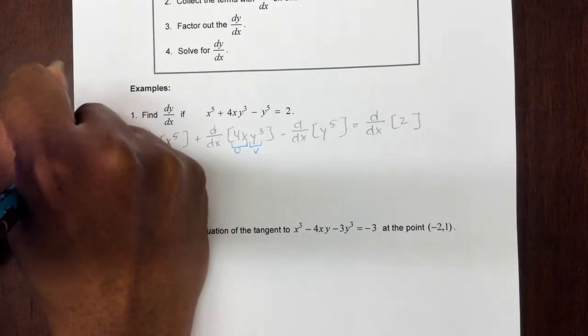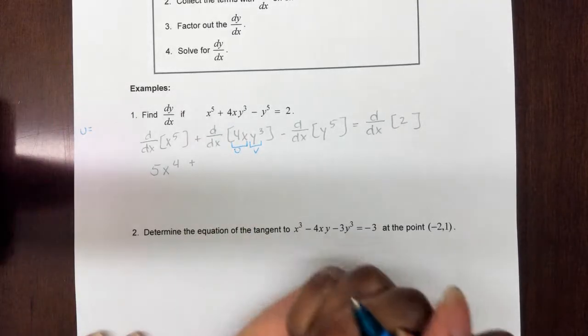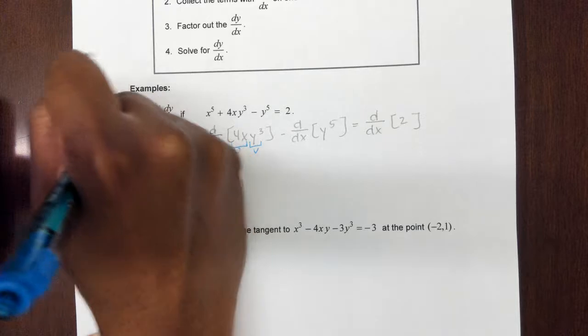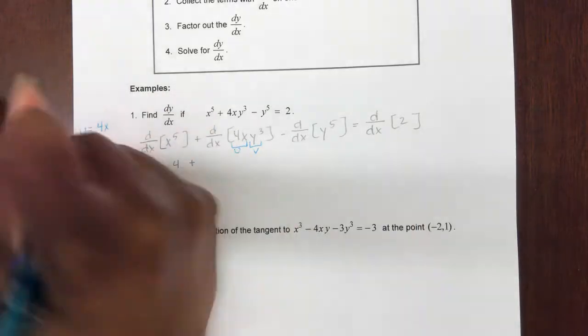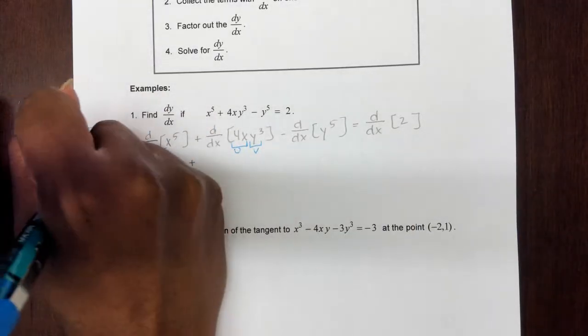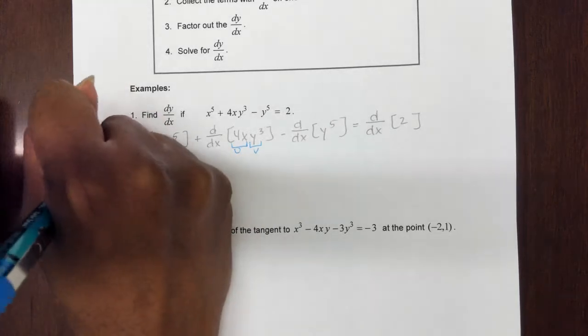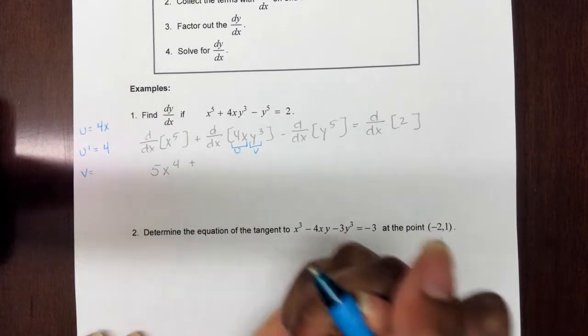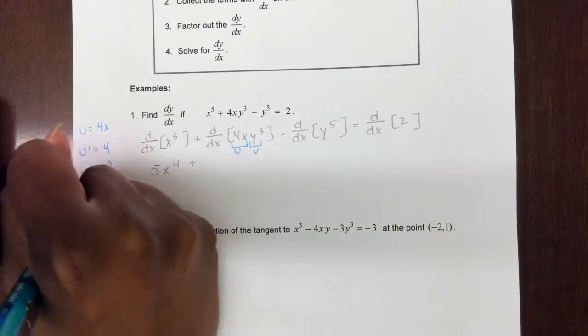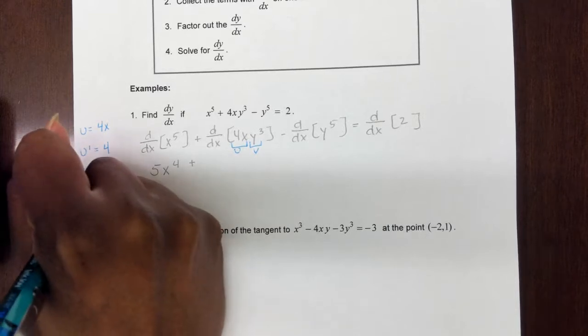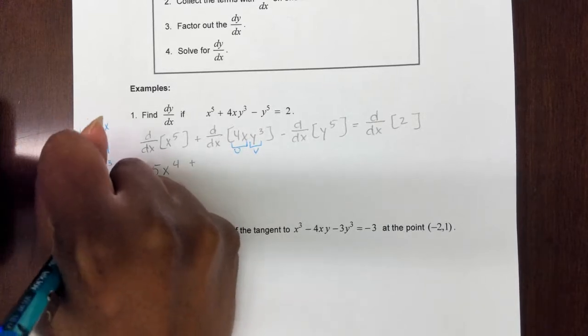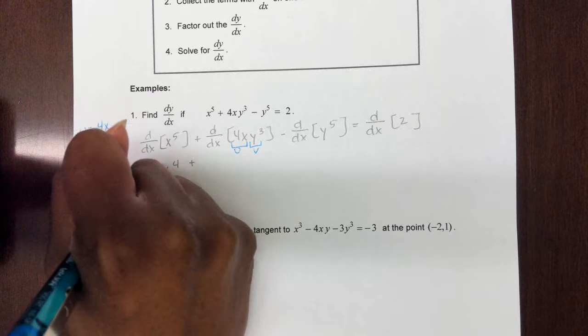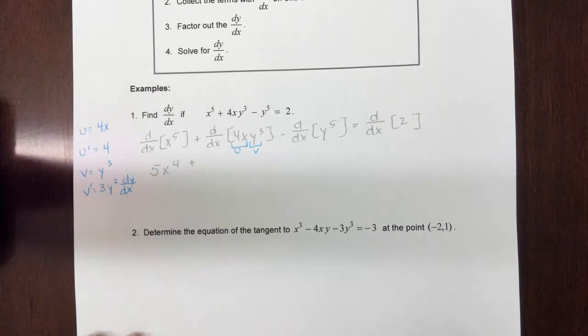Just on the side, I'm going to write these out. u is 4x, u prime will be 4, v is y cubed, v prime will be 3y squared dy/dx.